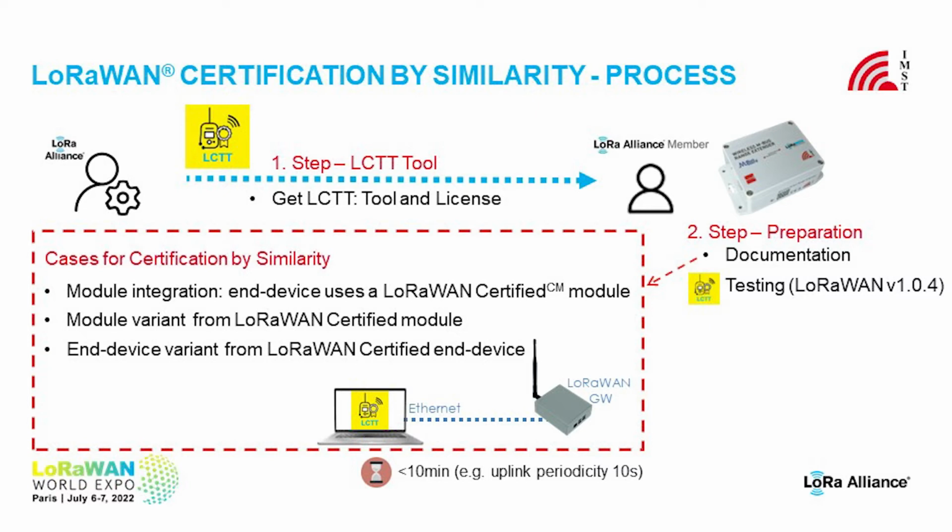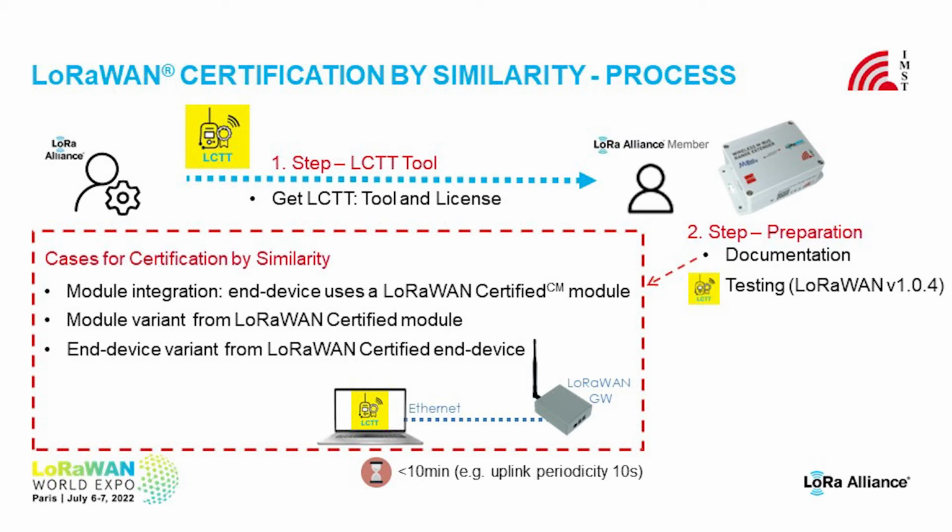For this, you don't need any test application, any test mode, or any certification protocol running on the device; the testing will be done using the standard application. The only requirement is that you must set an uplink periodicity as fast as possible, just to save time running the test. For example, if the uplink periodicity is about 10 seconds, the test could be run in less than 10 minutes.